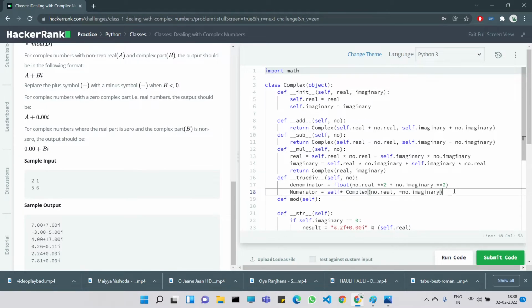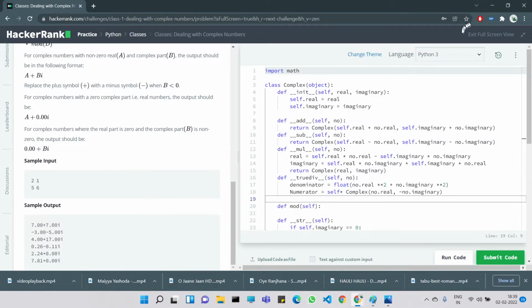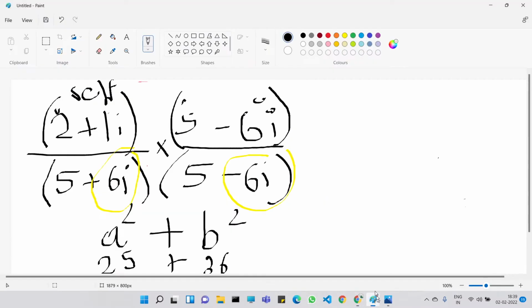Okay, now we got that part. Then we need to get the real and imaginary part of the output. So this is going to be 25 plus 36, it will be 61, right? 61 divided by 61.